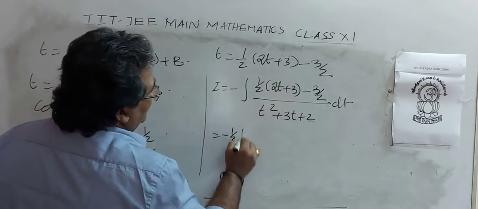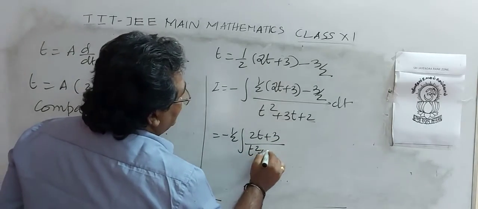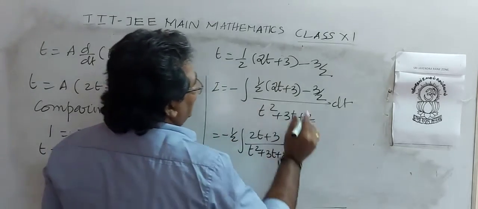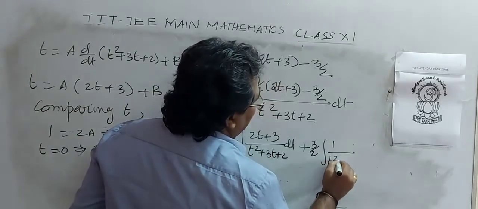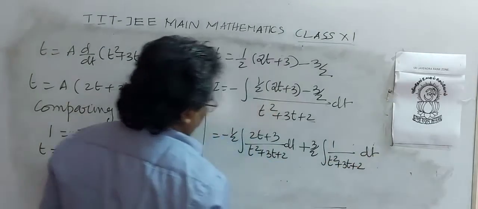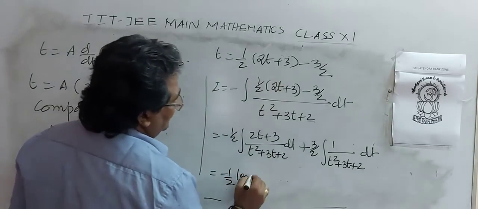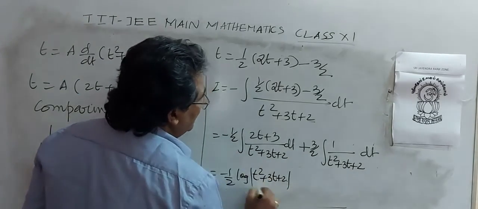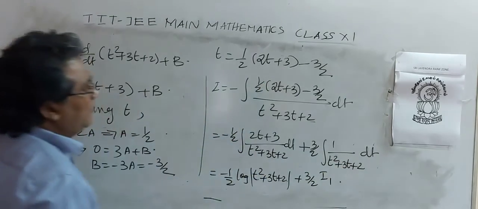Minus 1 by 2 into 2t plus 3 by t square plus 3t plus 2 into dt, plus 3 by 2 into 1 by t squared plus 3t plus 2 into dt, equals 1 by 2 log of t squared plus 3t plus 2 plus 3 by 2 into I1.